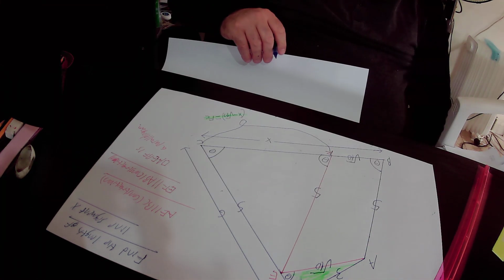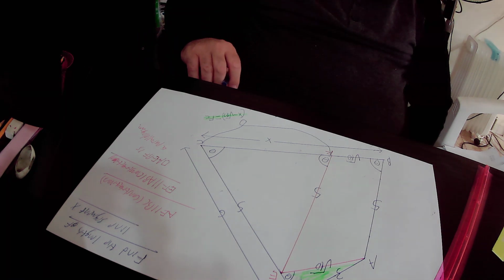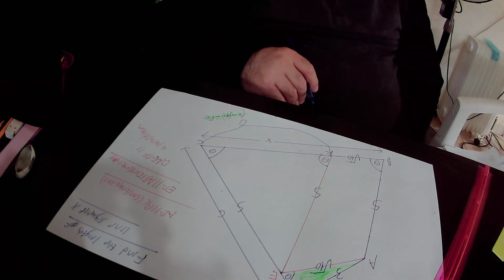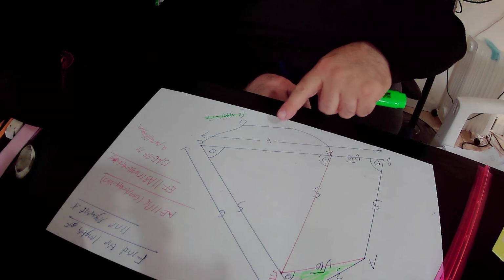So, in the next step, we will draw a perpendicular from point E on FC.